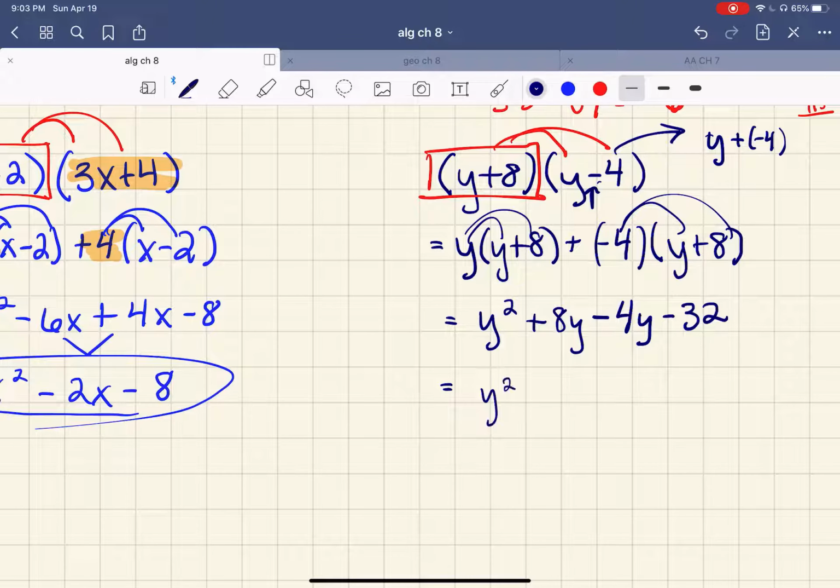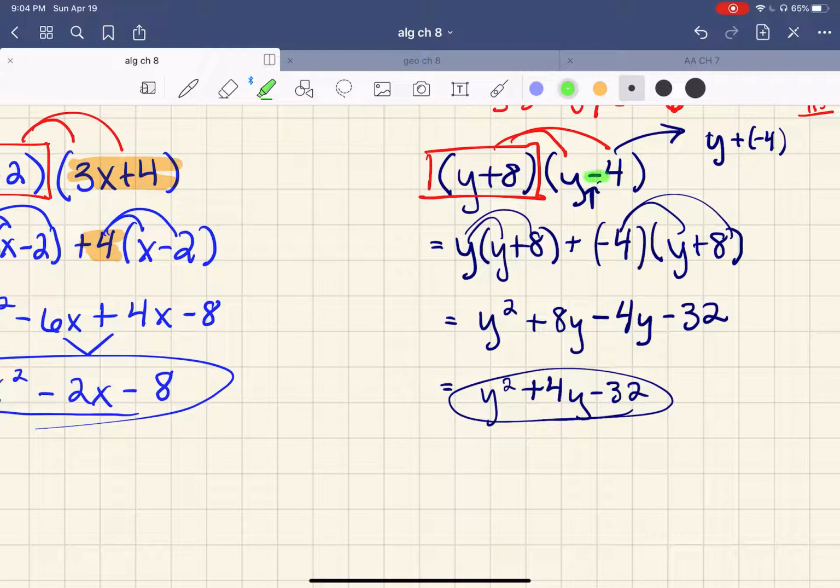And I get y squared plus 4y minus 32 as my answer. So the thing that I wanted to point out to you was that negative, or that subtraction sign, however you want to think about it, and the fact that it does exist and how you go about handling something like that.